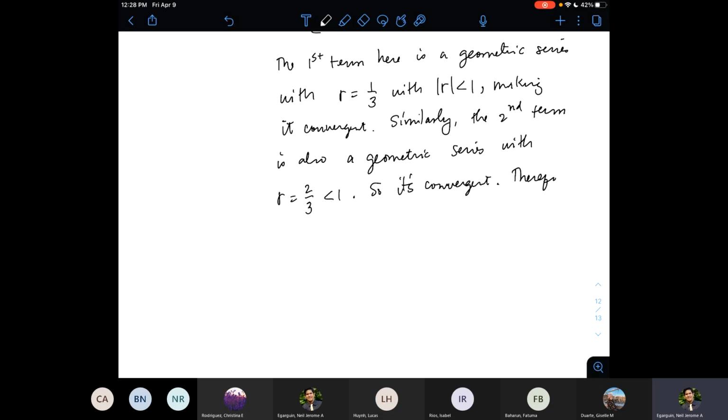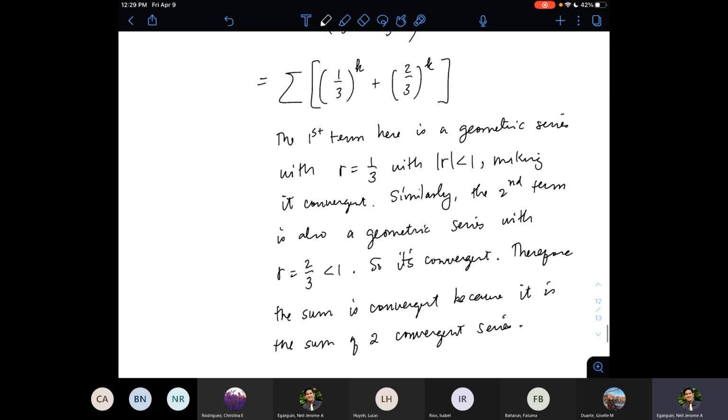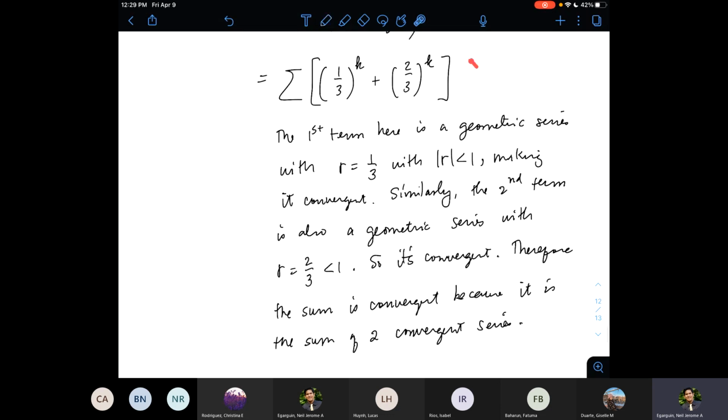Therefore, the sum is convergent because it is the sum of two convergent series. That's a lot of things to write. But anyway, ultimately, our conclusion is that this is convergent, all right?